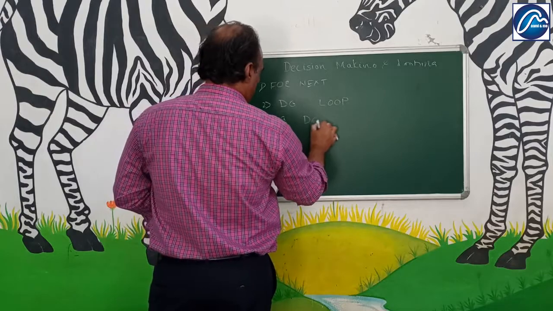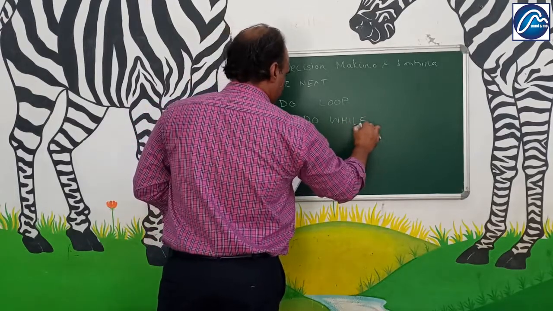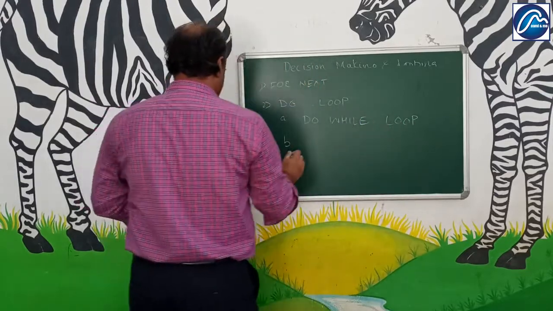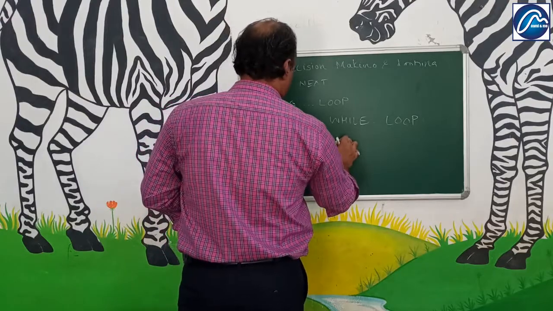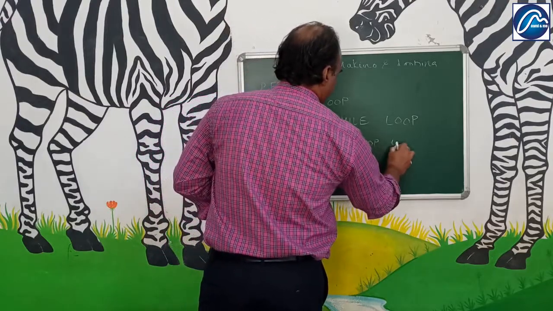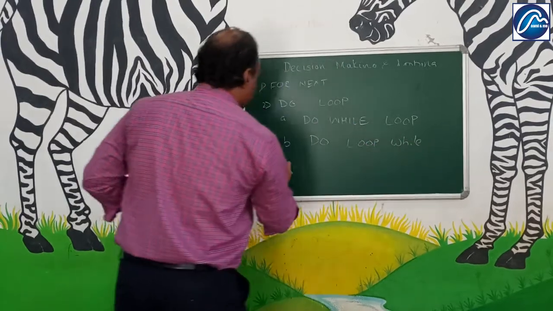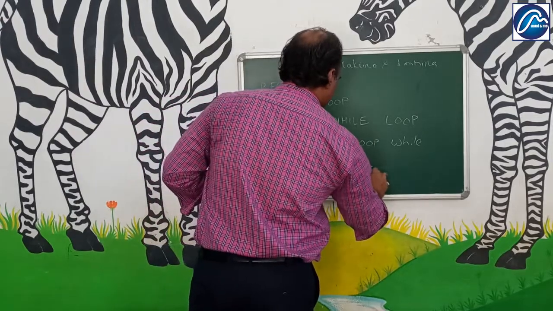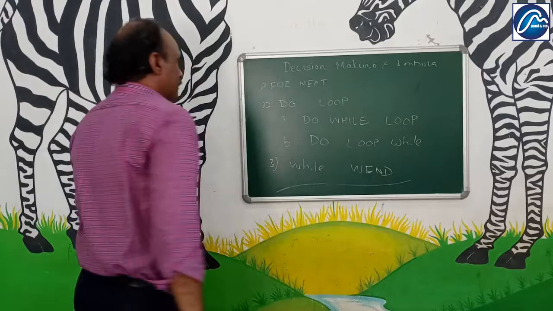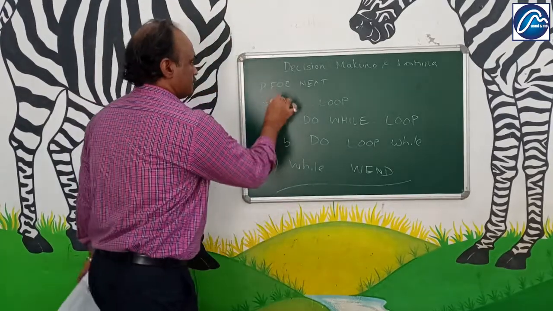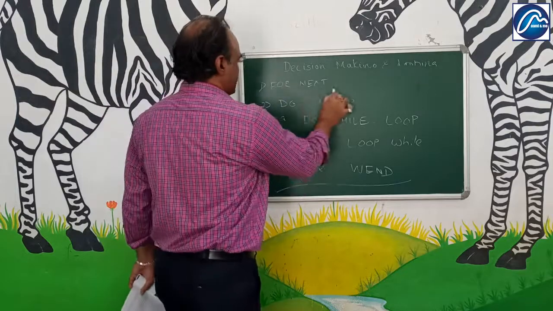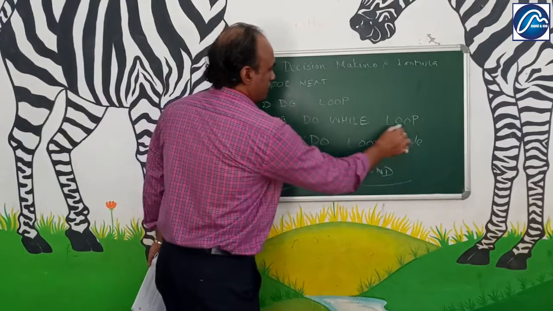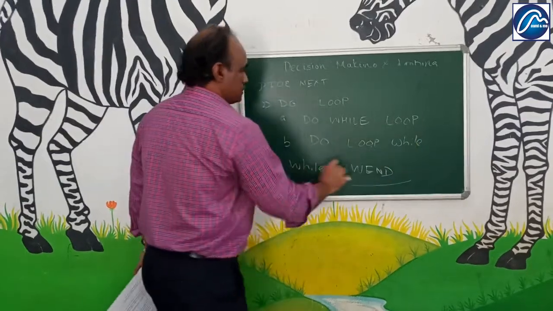One is do while loop, and second one is do loop while, and third one is while wend.